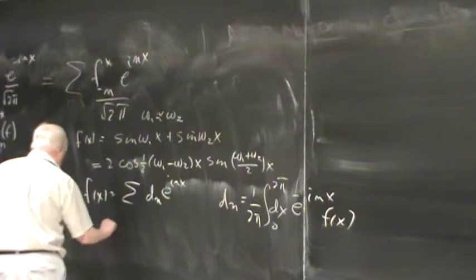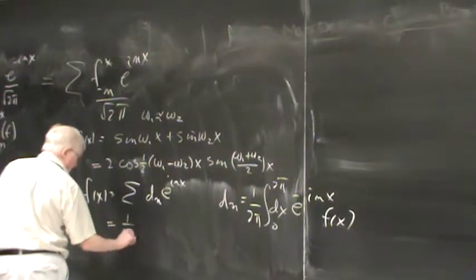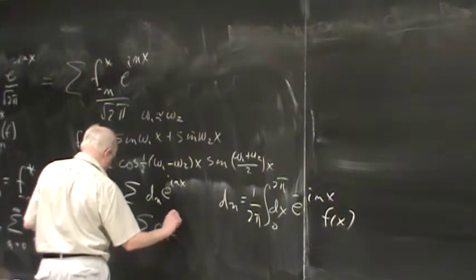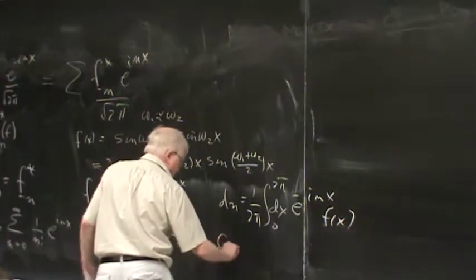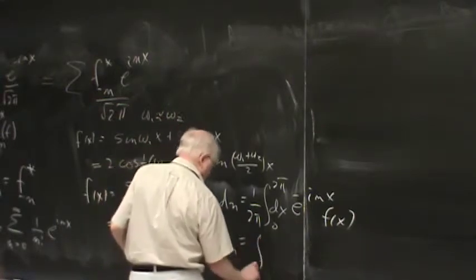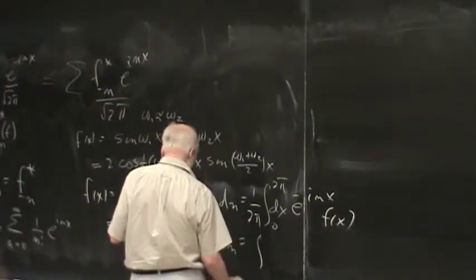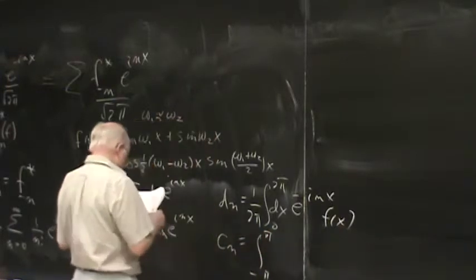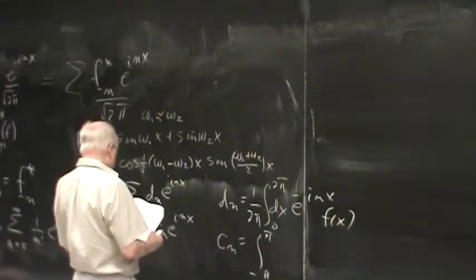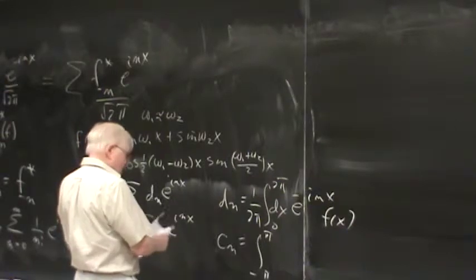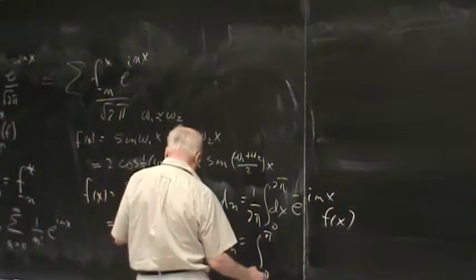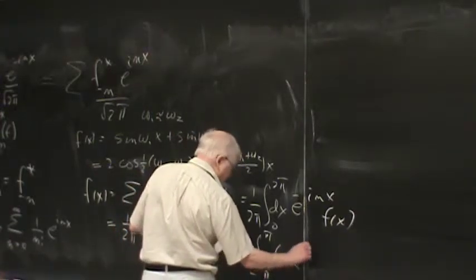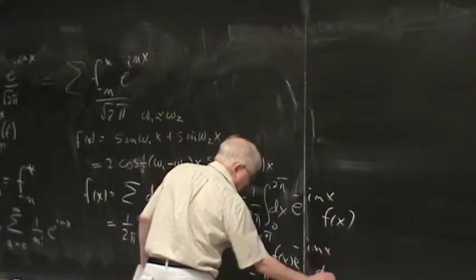Another choice is f of x equal to 1 over 2 pi times the sum of c n e to the i n x, and then c n is equal to the integral, and here, for a change, I changed the interval, of f of x e to the minus i n x dx.